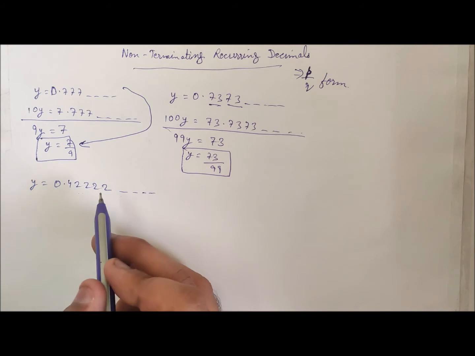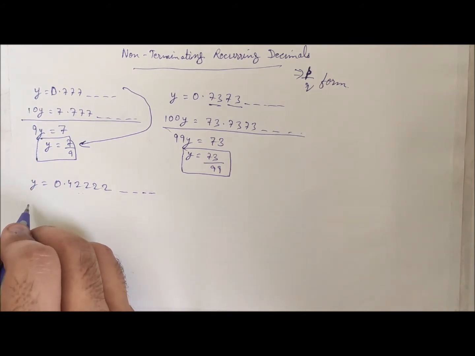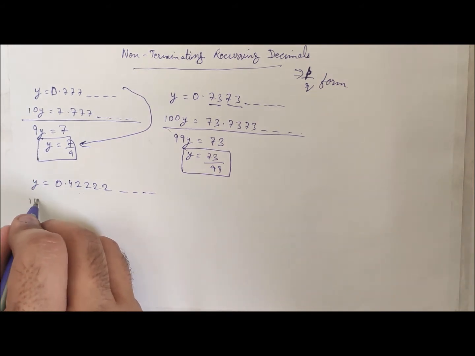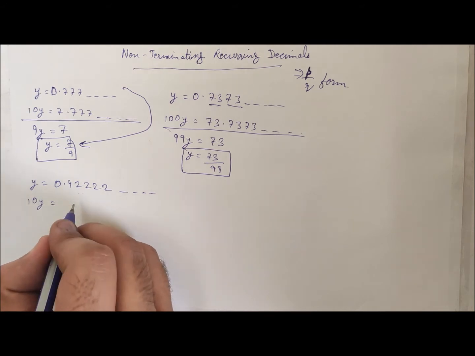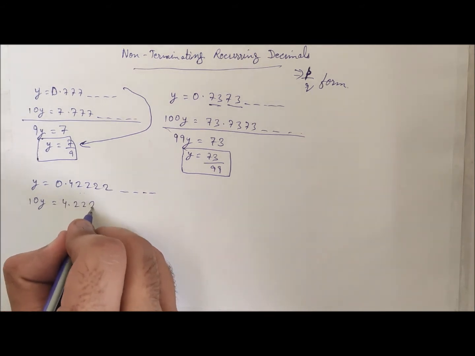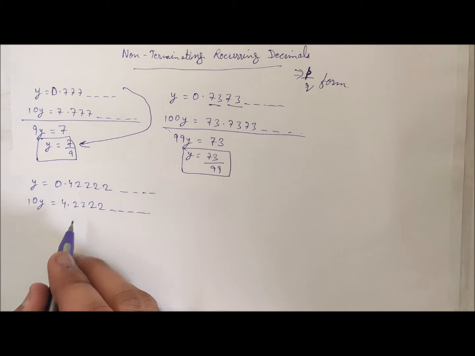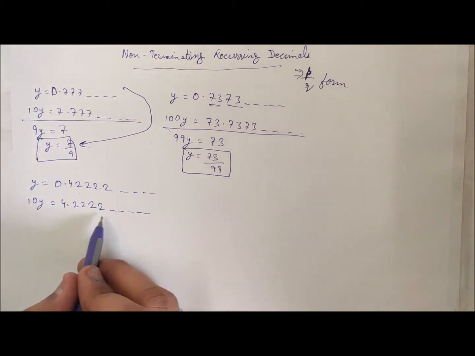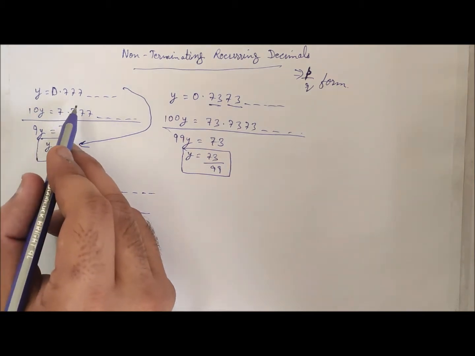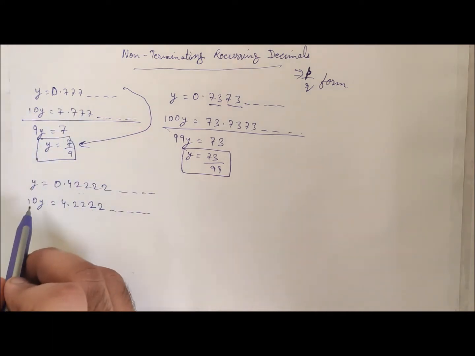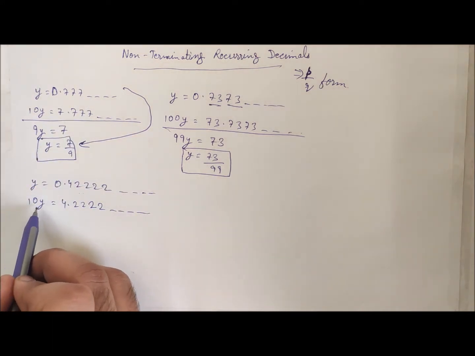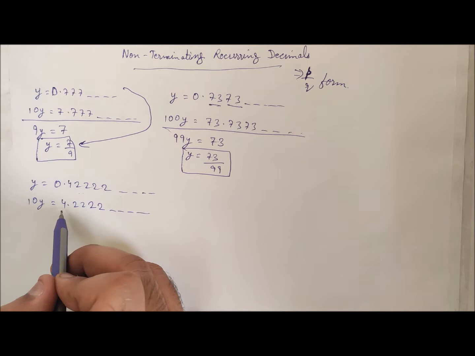So let's multiply it with 10 and see what happens. If I multiply this number with 10, I'll get 10y is equal to 4.22222. Now you can see this and this question are practically the same. The only difference is that it has already been multiplied by 10, and instead of a 0 there's a 4 here.